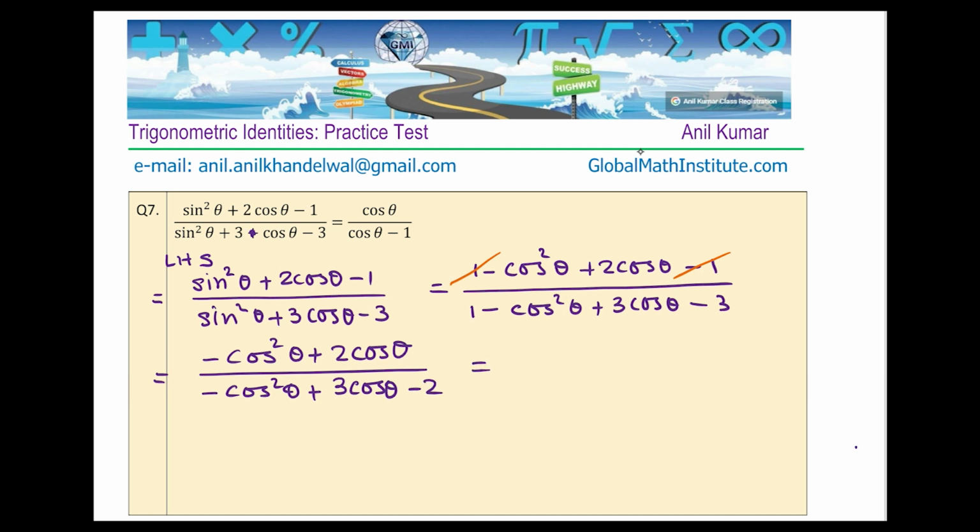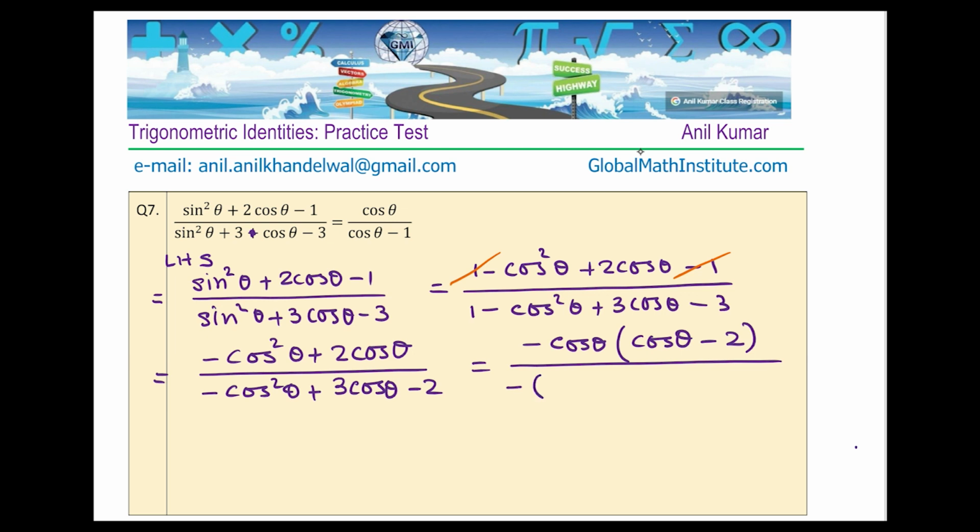We can take minus cosθ in the numerator common, which gives us cosθ minus 2. In the denominator, let us first take minus common and then we'll factor this, correct?